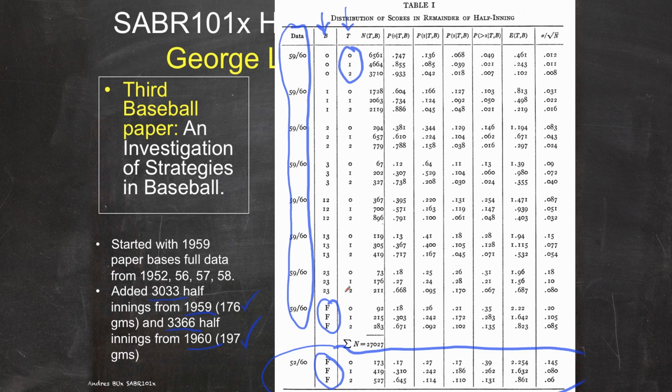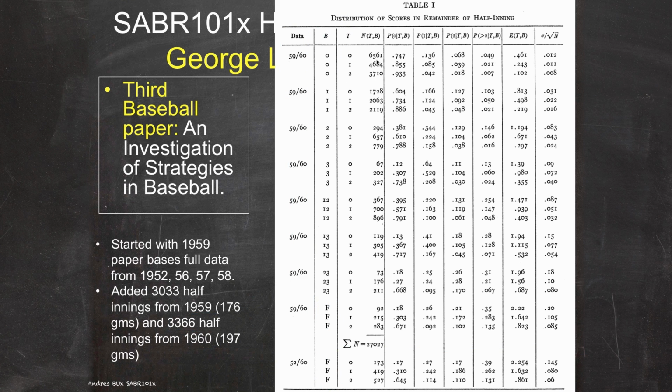And what he's plotting here are a couple things. He's plotting on this table here the number of times that situation occurred. The number of times in his data, looking at these two sets of games, 1959 and 1960, every time a situation occurred with nobody on base and nobody out, he started recording it.